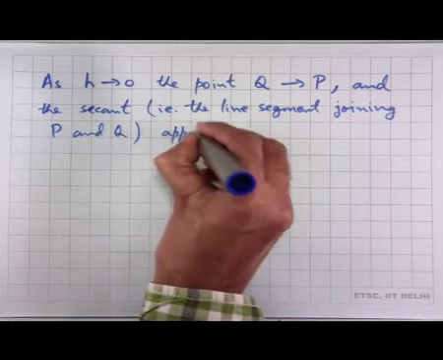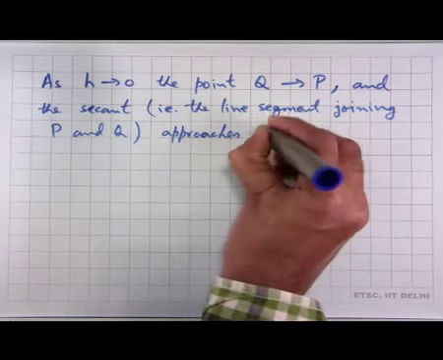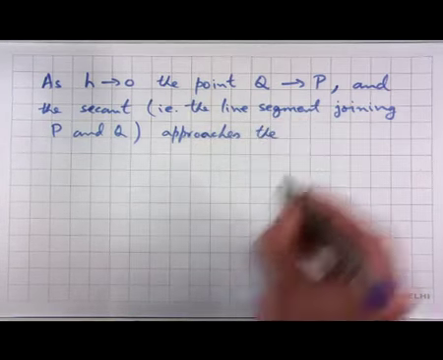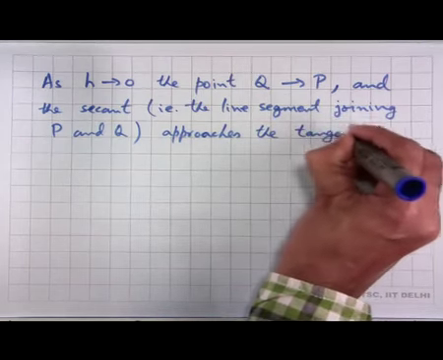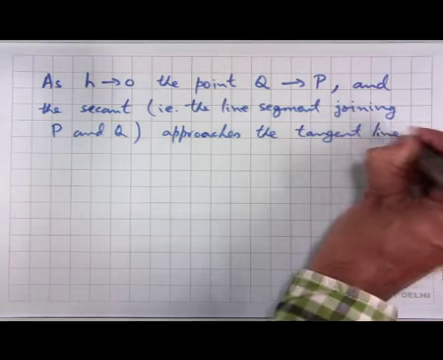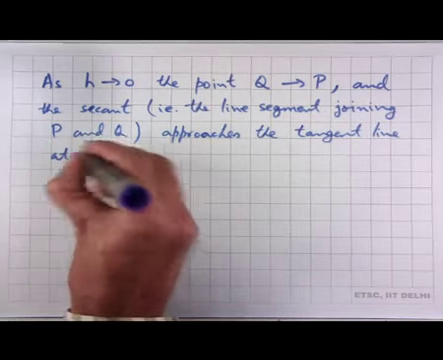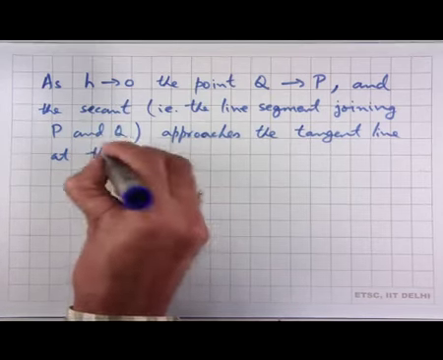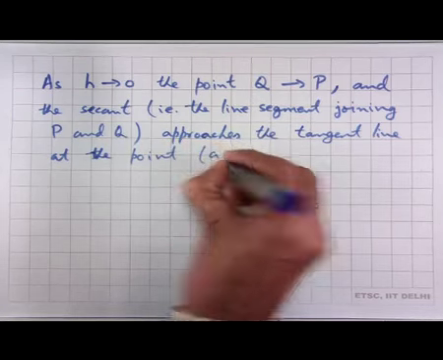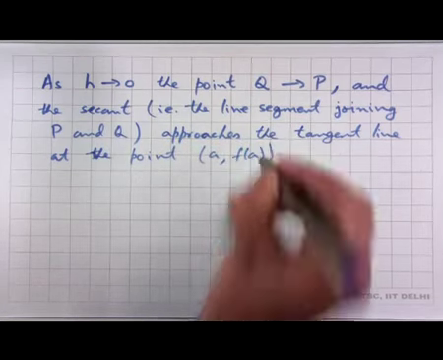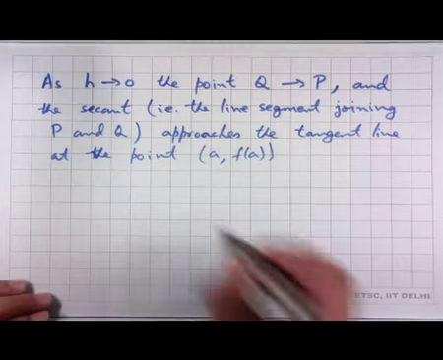It approaches the tangent line at the point a comma f of a. So, maybe let me draw another diagram.